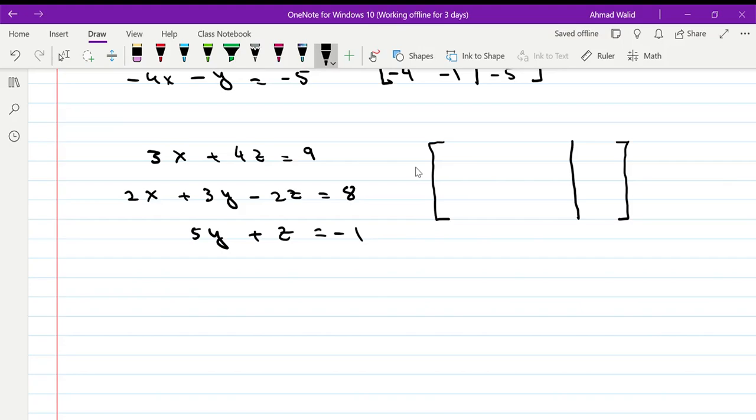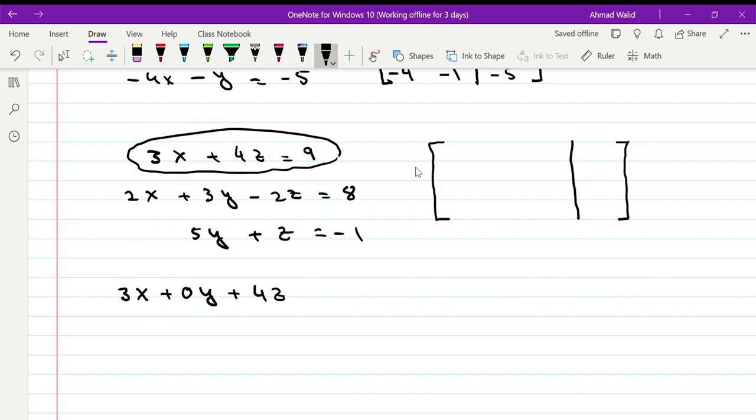But in equation number 1, clearly you can see y is missing. If you want to complete this equation, actually this equation is like this: 3x plus 0y plus 4z equals 9. Am I right? Agree with me?